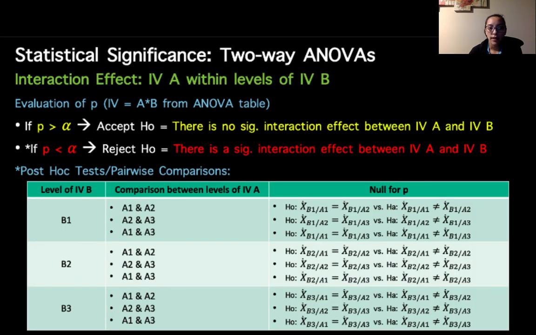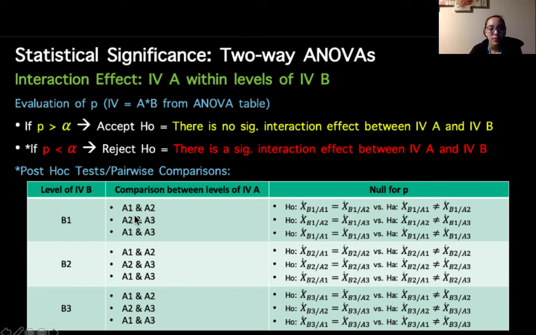As far as how the pairwise comparison tables are outlined in SPSS, right? Again, for the interaction effect specifically, the first column will be the level that you're looking at within.